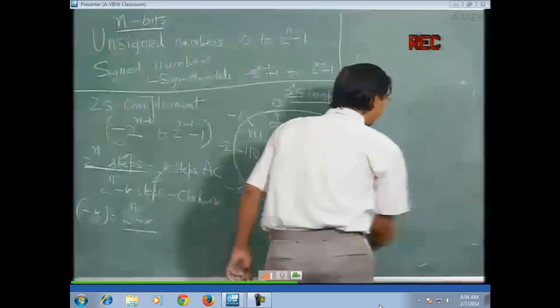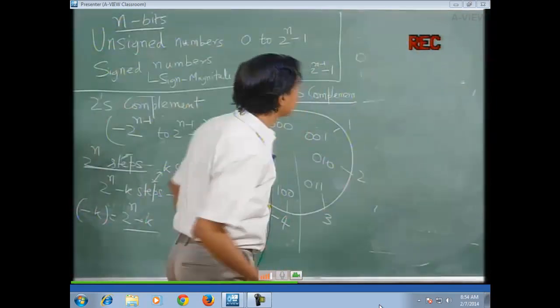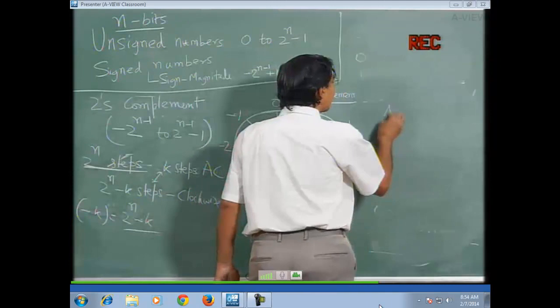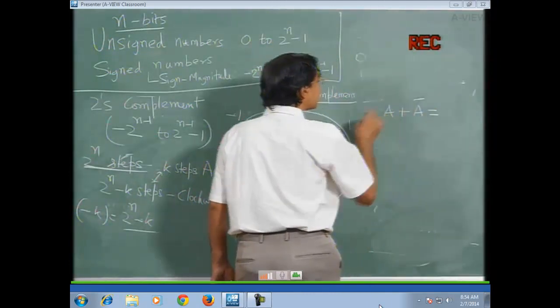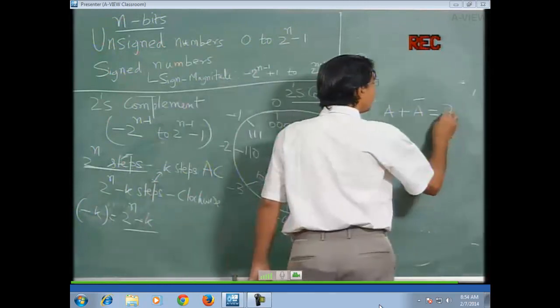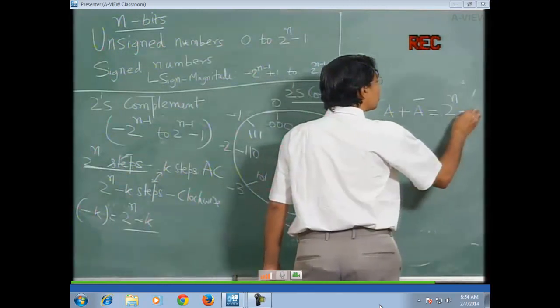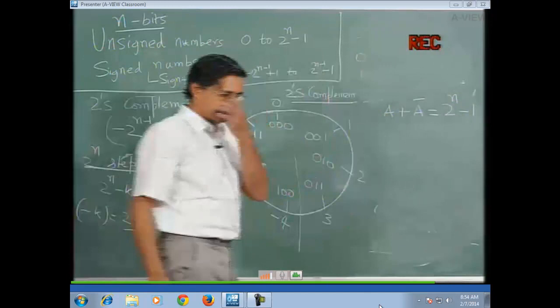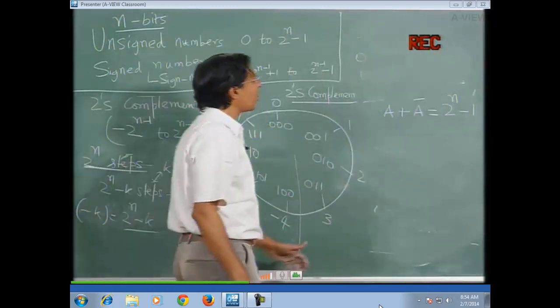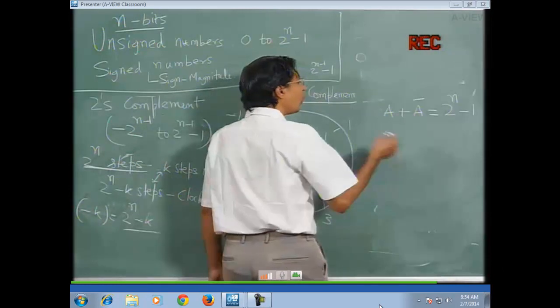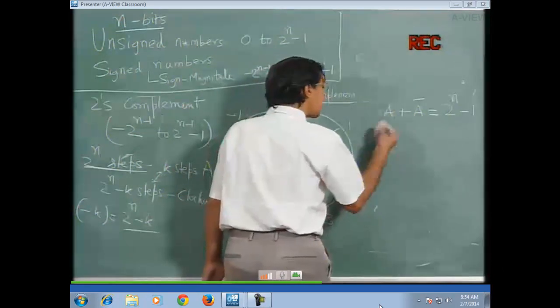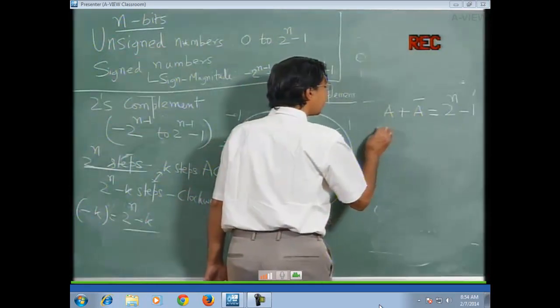If I take a number and complement it and add it, suppose A is an n bit number, A plus A complement is 2 power n minus 1. Why? Suppose I take any number, say 3.